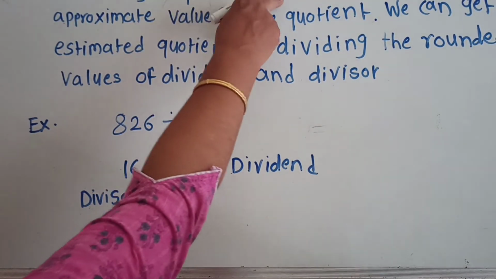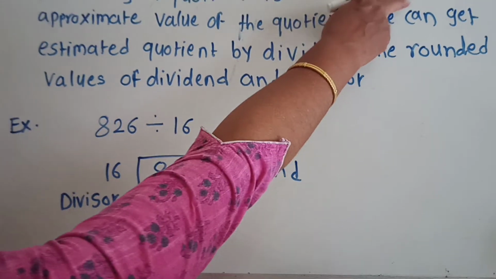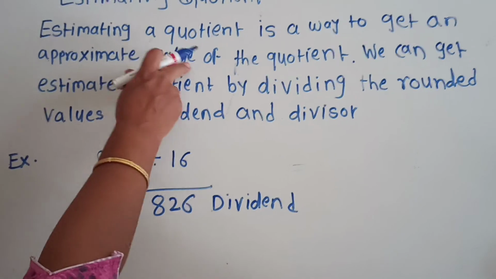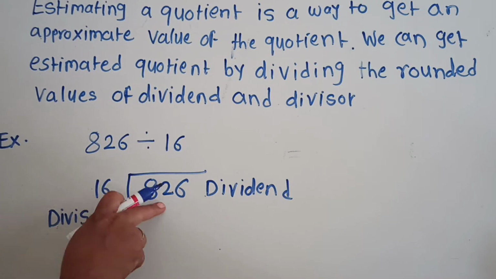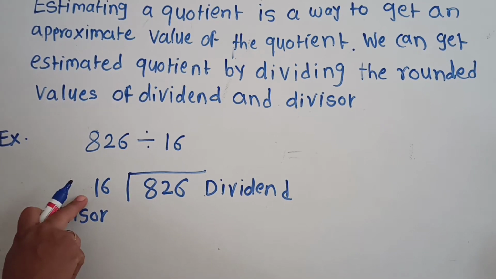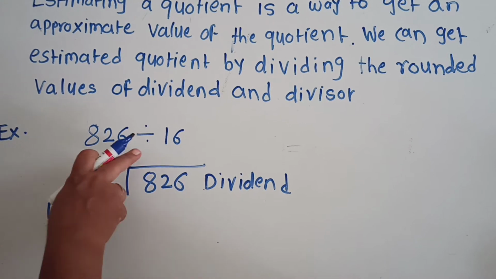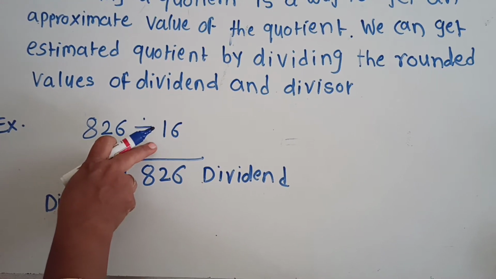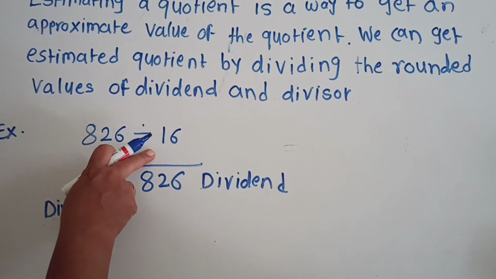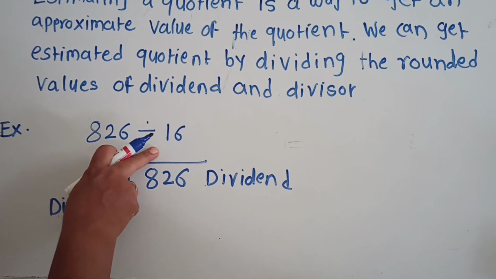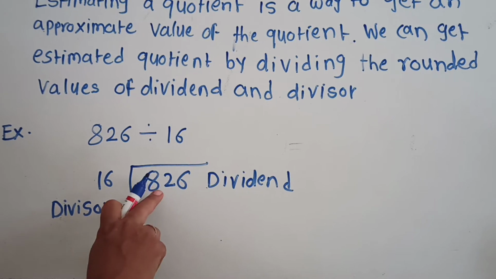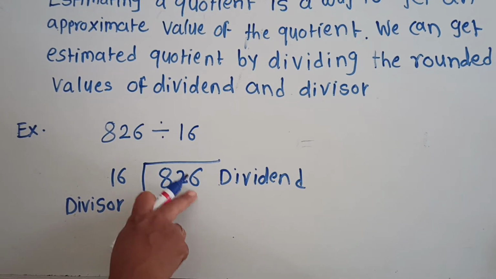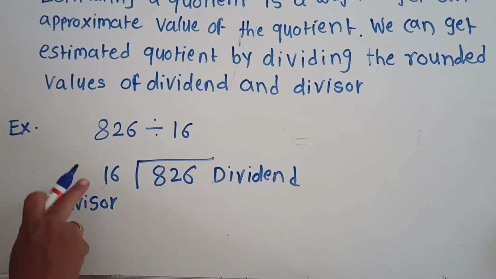Estimating a quotient is a way to get an approximate value of the quotient. We can get the estimated quotient by dividing the rounded values of dividend and divisor.